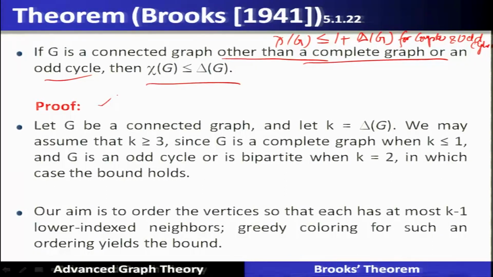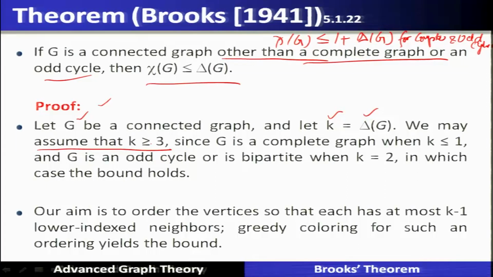Let us see the proof given by Lovász. Let G be a connected graph, and the small k is used for the maximum degree of the graph G, which we have considered in our discussion. We may also assume that the maximum degree of the graph is 3 or more.